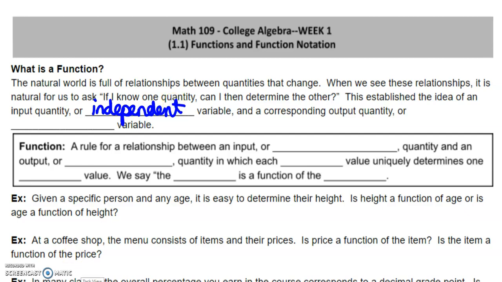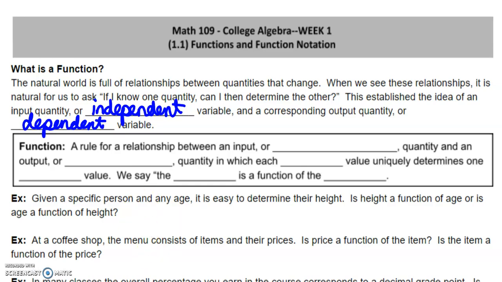And it has a corresponding output quantity, which we end up referring to as our dependent variable. And so as I input one, the output then becomes the dependent. It's dependent upon what goes in first.